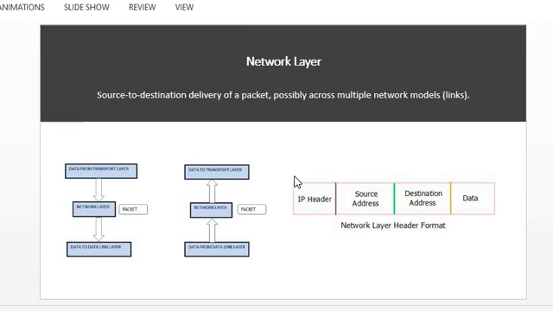And it makes use of formatting the data accordingly, so that it has the source address, the destination address, and the data packaged correctly so that it doesn't get lost. Remember, we talked about addressing modes in computer organization and architecture.